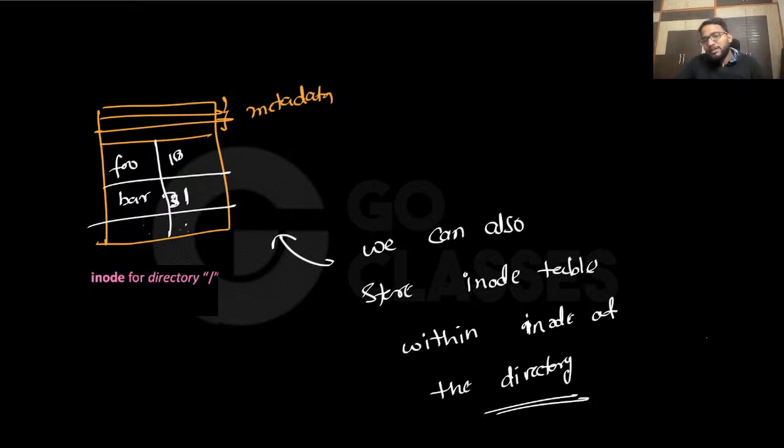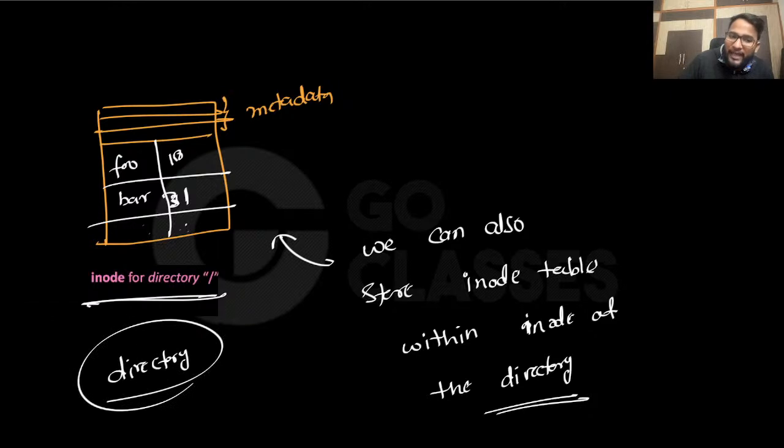Now just our last point. Generally, instead of calling it inode for a directory, we just call it directory. For files, yes, we call it inode, but for the directory we can also just call it directory. Either you write inode for a directory or you write directory, both are the same.